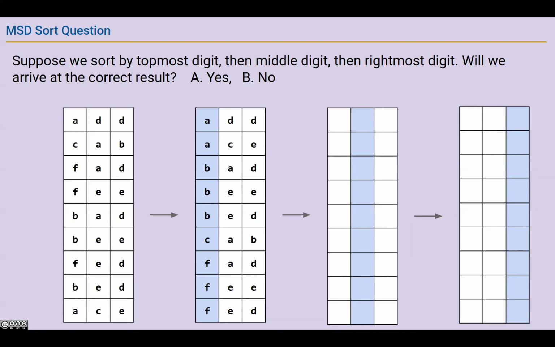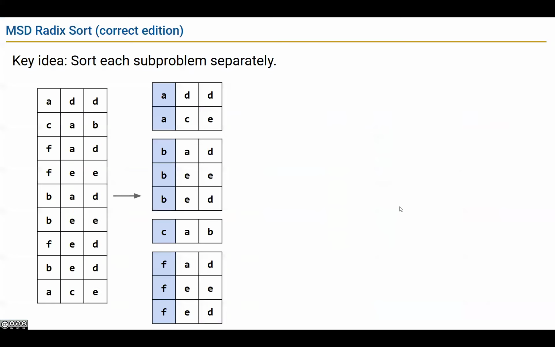Because at the end, everything is going to be sorted based on the rightmost digit. Once we sort it by the next digit, we're going to end up breaking the order of the items that we really want, right? The most significant digit should be the one that tells you which one's first. And we're not doing that anymore.